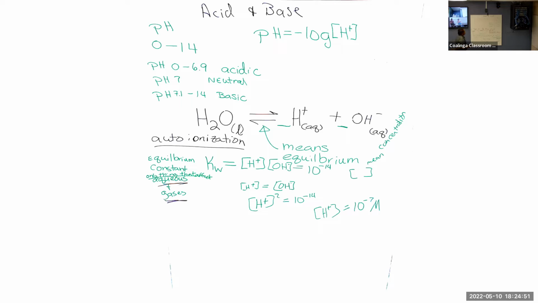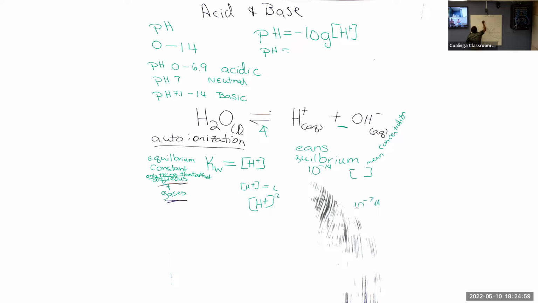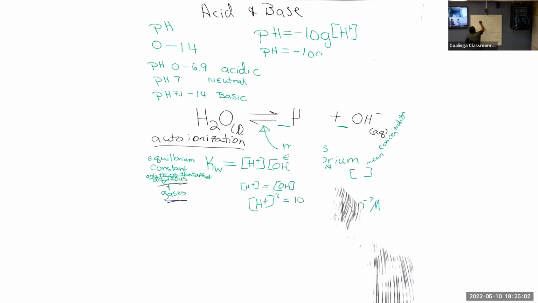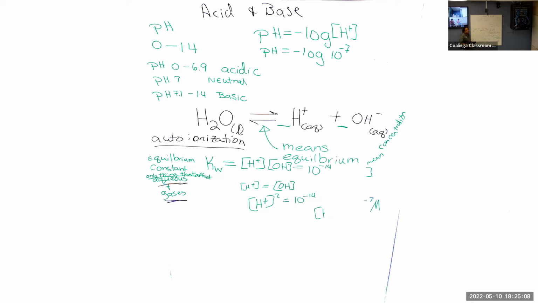So if we plug this in for water, pH equals minus log 10 to the minus 7. Log base 10 of an exponent to the 10th power is going to equal that number.